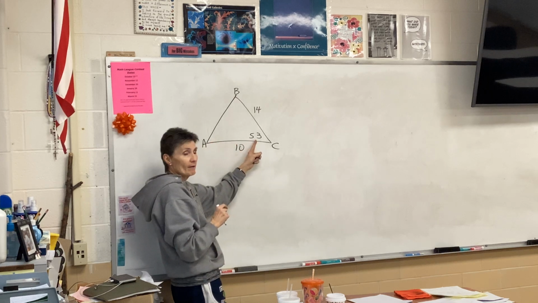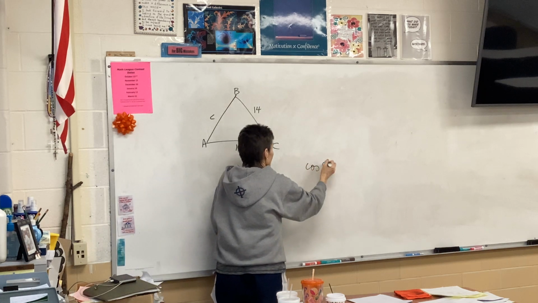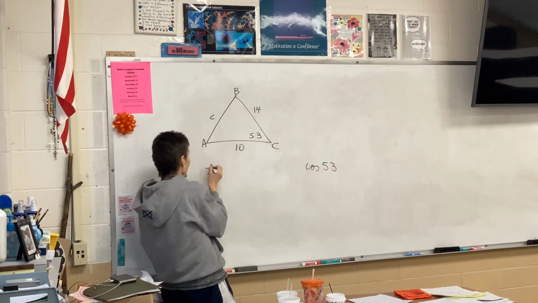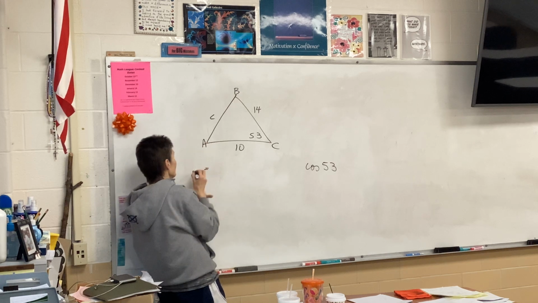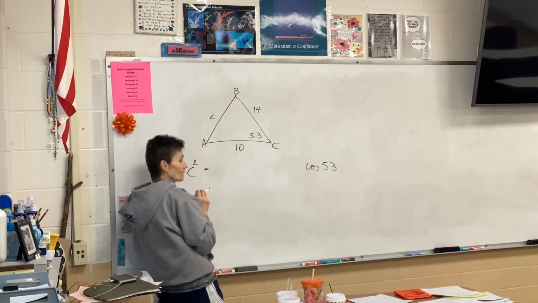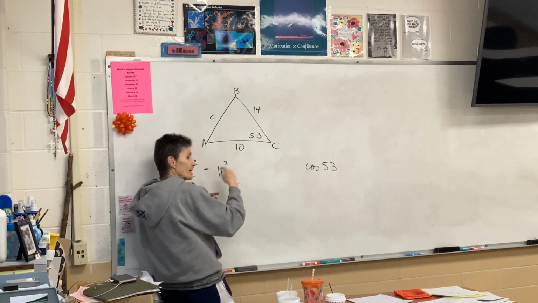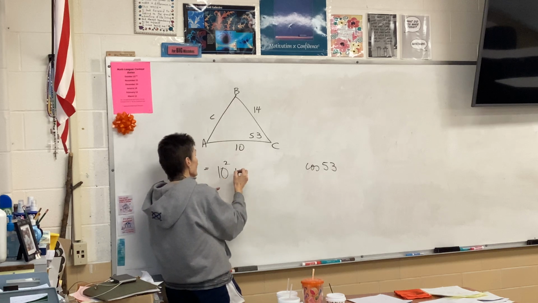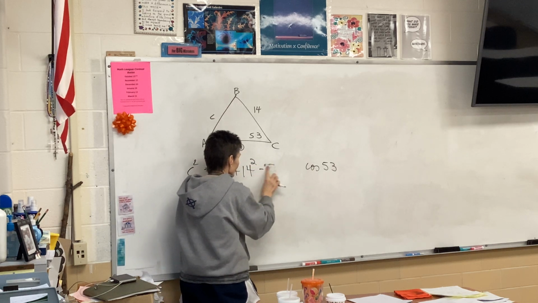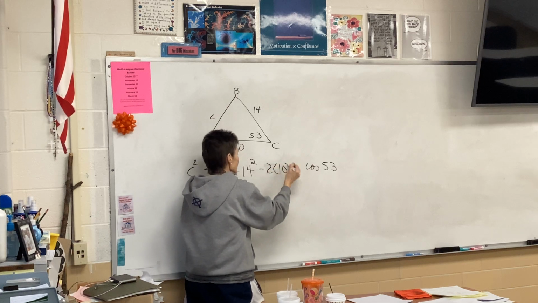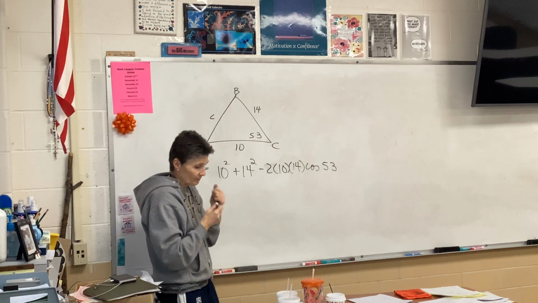The angle that I have is 53, so I'm going to put cosine 53 out here, and then over here all by itself, on the other side of this big long equation, is going to be c squared. And then in the middle, I'll have my other two sides: 10 squared plus 14 squared minus 2 times 10 times 14 times cosine 53.